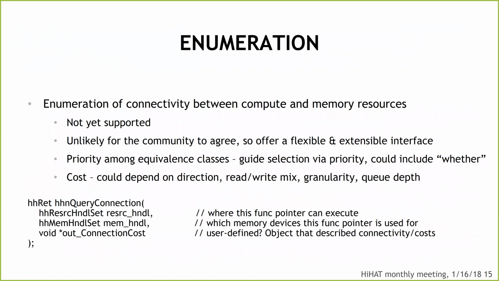So again, this enumeration of connectivity I talked about before isn't yet supported, but the kind of thing that we're thinking of is, given these execution resources and these sets of memory resources, give me some user-defined object that describes the connectivity costs.